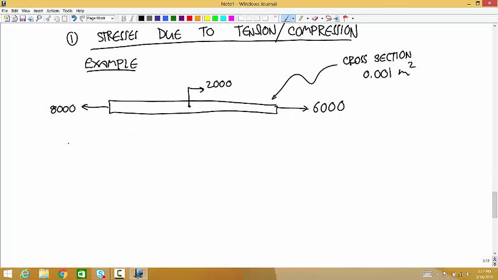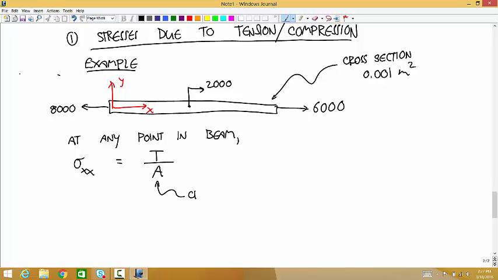Okay, so at any point in the beam, sigma xx, and we're using this coordinate system, sigma xx is equal to the internal tension divided by the cross-sectional area.